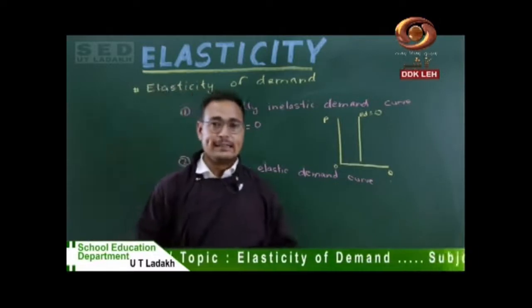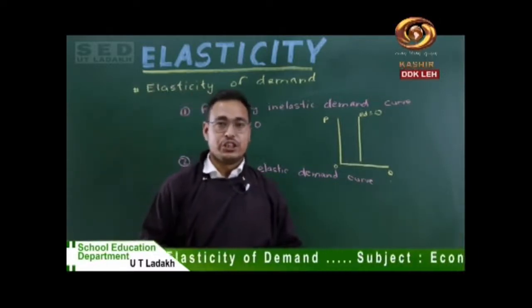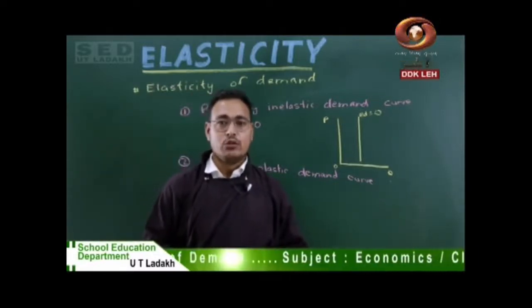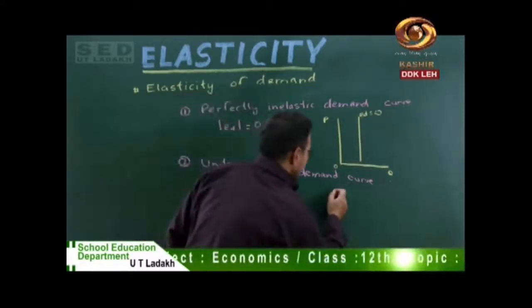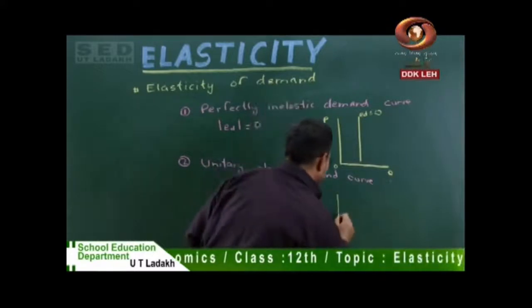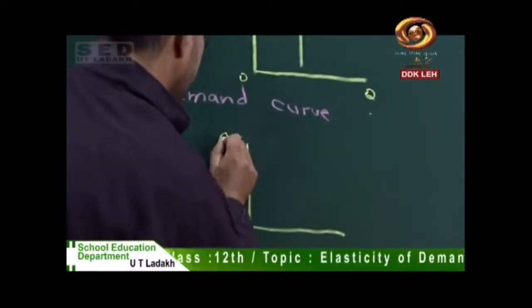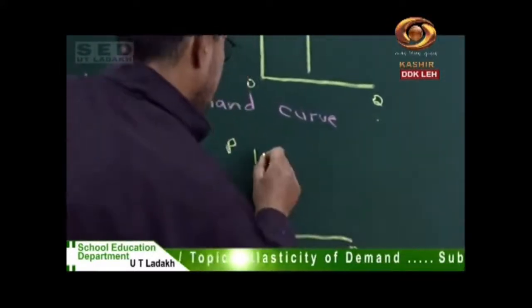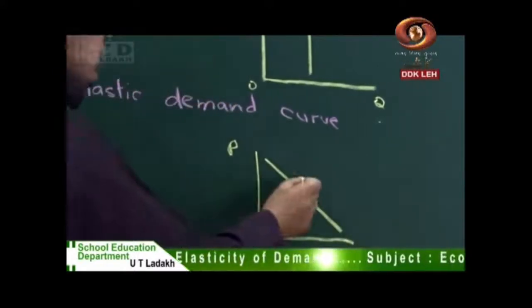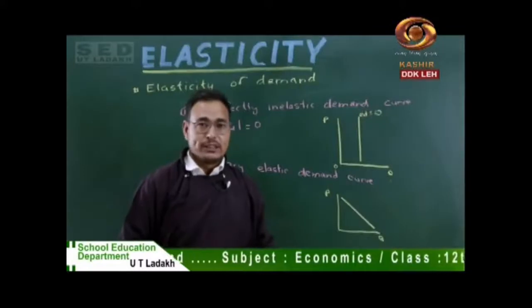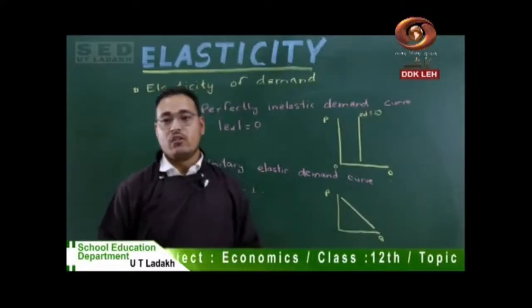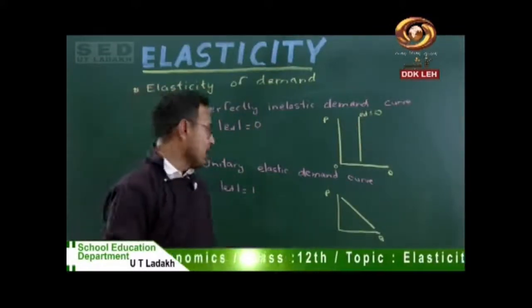In other words, it tells that your percentage change in quantity demanded is equal to your percentage change in price. So here, if we look at the graph, the demand curve will be like this. It means the change is equal. When your price falls by 1%, your quantity will also fall by 1%.